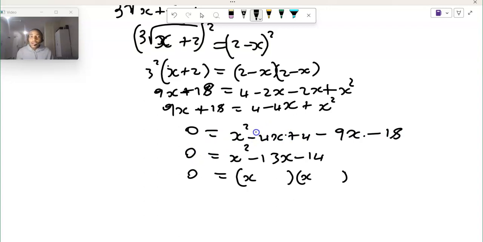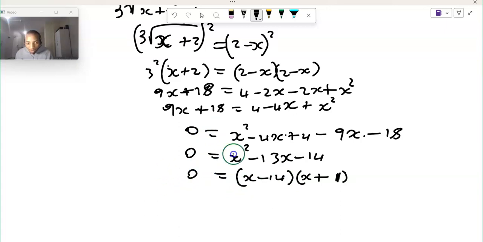So when factorizing the factors that you find, the biggest number is going to take the sign of the middle term. Our middle term here is negative 13. So I think our values are going to be minus 14 plus 1. Sorry, it's going to be minus 14 and plus 1.